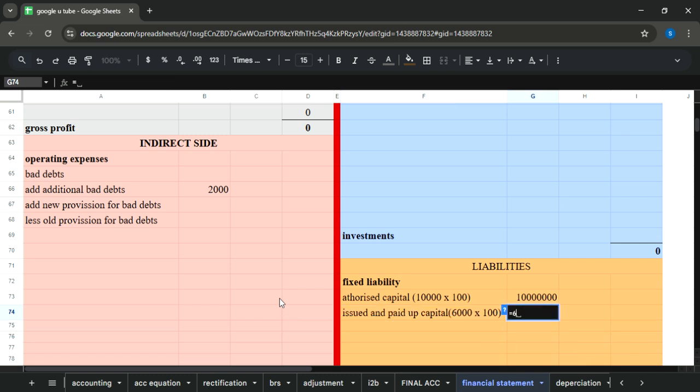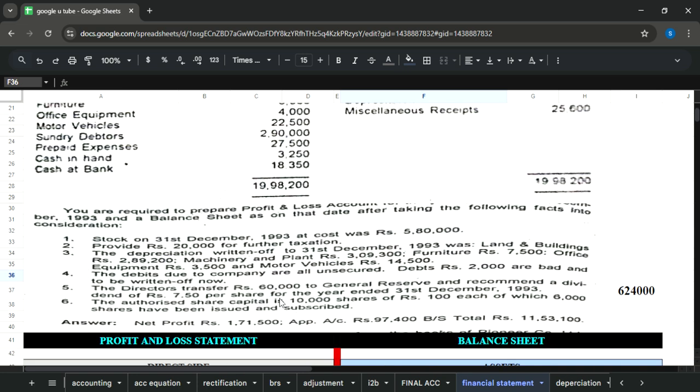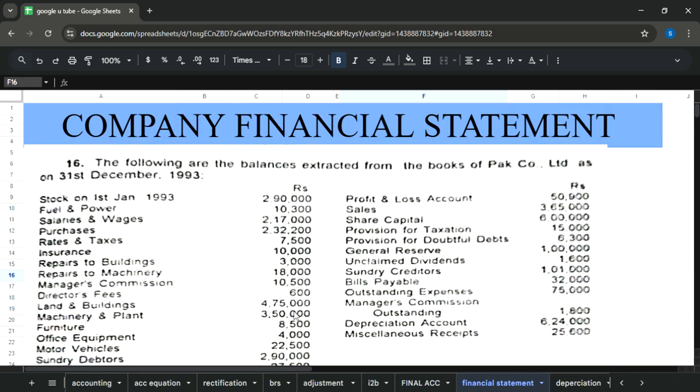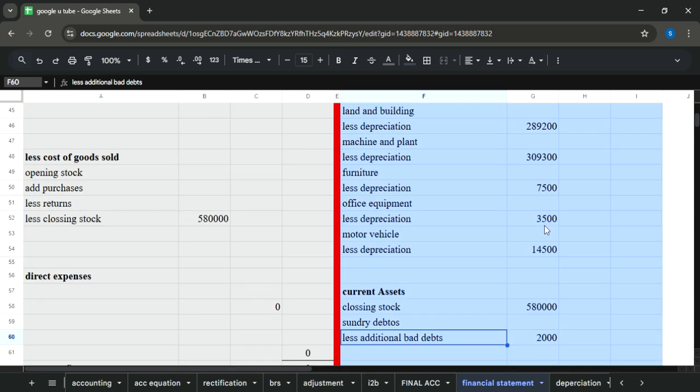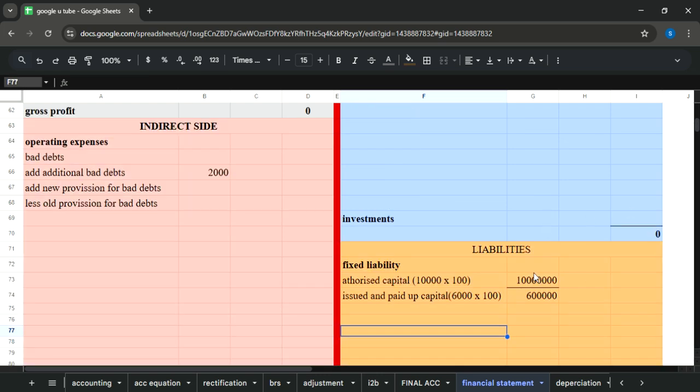Number of shares mentioned 6,000. What is 100? Per share price. So issued and paid up capital is also written. Now you can ask a question that this share capital was present in the adjustment. So where is its second effect? So come over here. Look, share capital 6 lakh. It is already present in the trial balance. That is why there will only be one effect, and we have written it on the liability side.